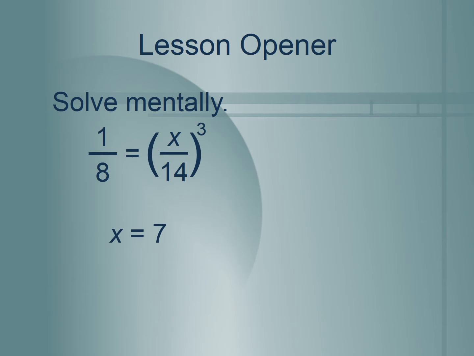The reason why it's 7 is because I wanted something that would reduce to 1 over 2, because 1 over 2 cubed is 1 over 8. So if I do 7 over 14, that reduces to 1 over 2, which when I cube 1 over 2, I get 1 over 8.